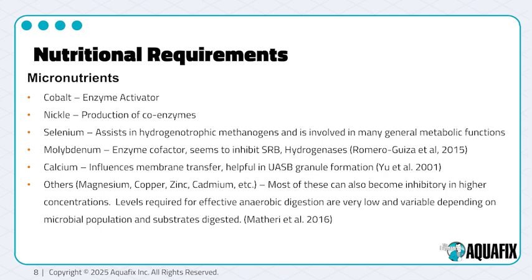Therefore, your system really won't do anything. Following up with that, you have calcium, magnesium, copper, zinc, cadmium, all other things. There's a bunch of different metals that are all valuable, but you need such low levels that often it's just kind of like, do you have them or not? If you have them, you have enough for the system to operate properly. But yeah, cobalt, nickel, selenium, and molybdenum are kind of the big four.